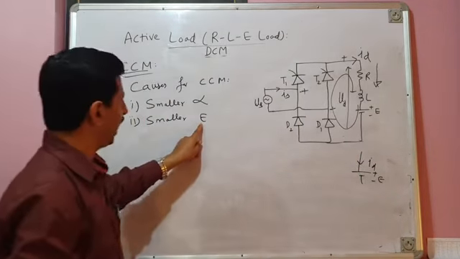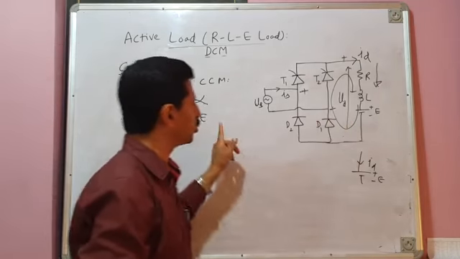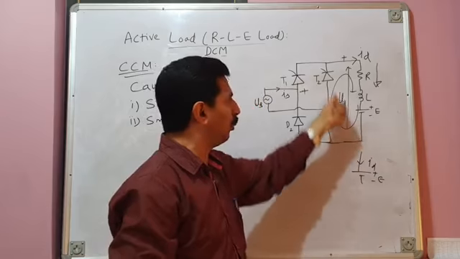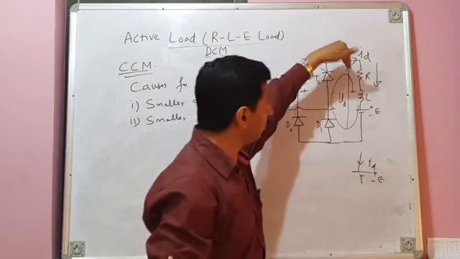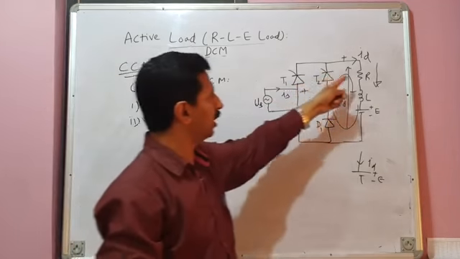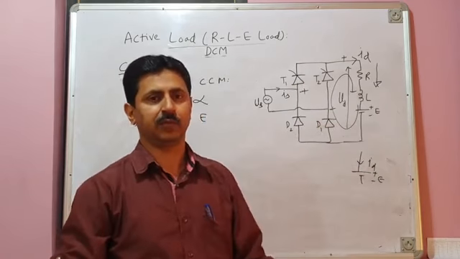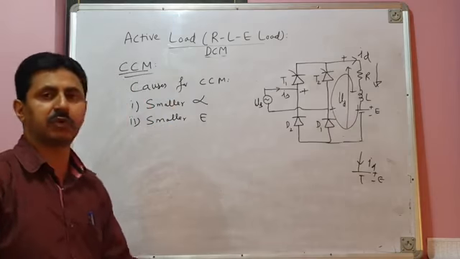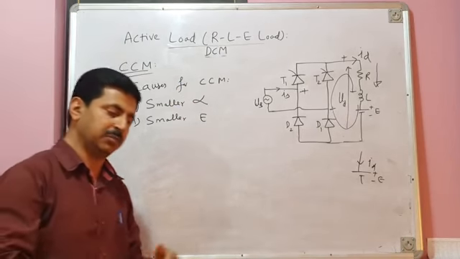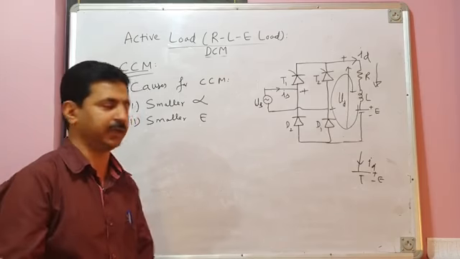But if this E, the back EMF of the load, is small, it offers small opposition to the flow of current, so current will be larger. And larger current means the probability of current becoming continuous is higher. So smaller E may also be responsible for making current continuous.